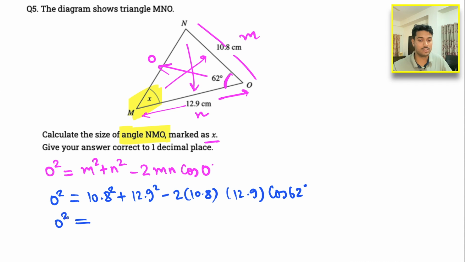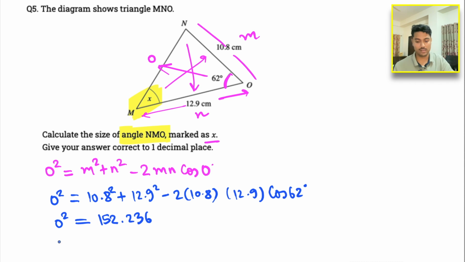So let's do this in calculator to find the value of o square first. So that is 10.8 square plus 12.9 square minus, inside the bracket, 2 times 10.8 multiplied by 12.9 multiplied by cos 62 degrees, bracket close, and the answer is 152.236.